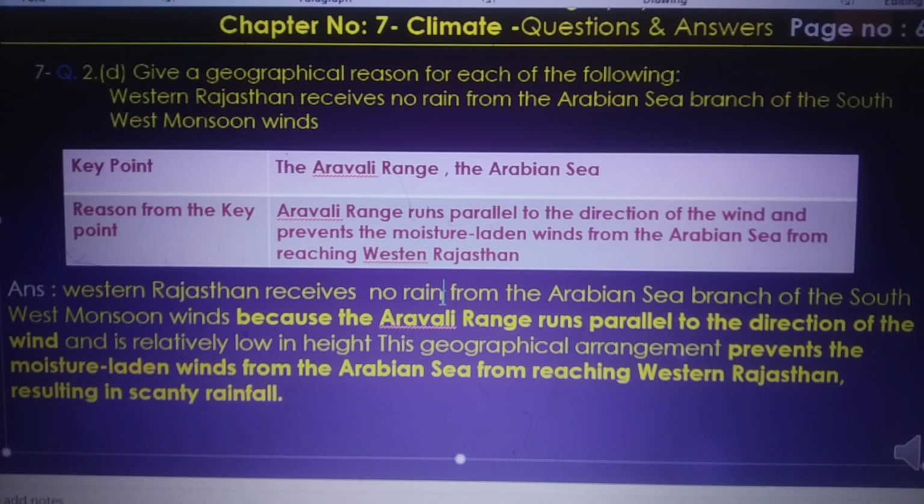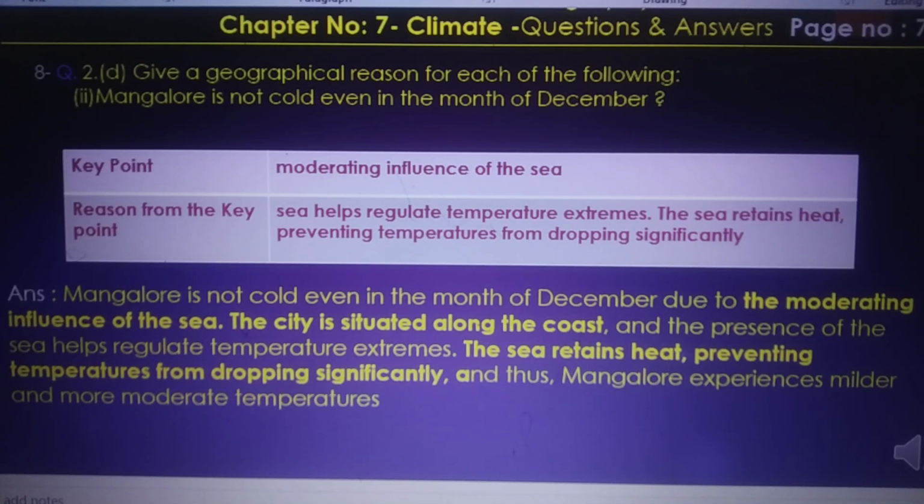Here the Aravalli mountain plays a major role, and the Aravalli range runs parallel to the direction of winds and is relatively low in height. This geographical arrangement prevents the moisture-laden winds from the Arabian Sea from reaching western Rajasthan, resulting in scanty rainfall. Question number 8.